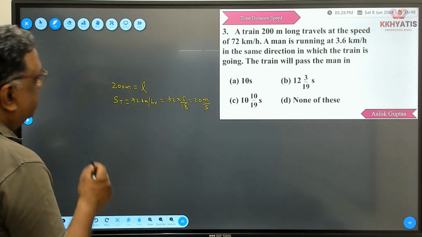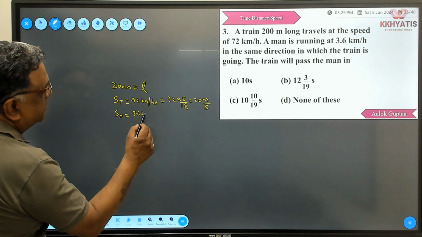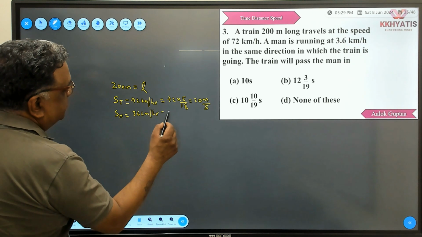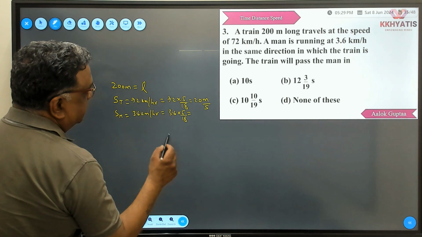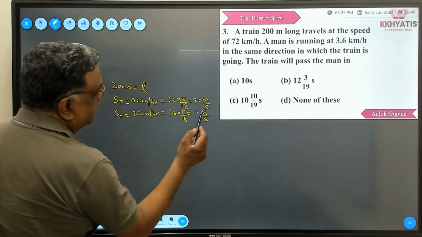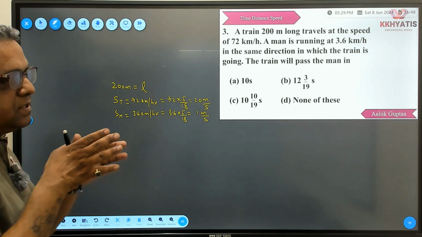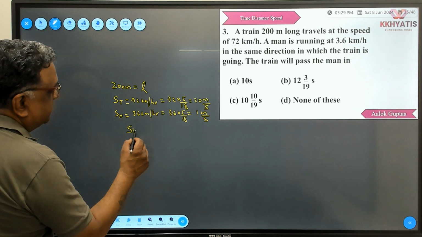The speed of the man is 3.6 kilometers per hour, which means 3.6 into 5 by 18. So 36 by 10, 2 by 10, 1 meter per second. Now, since they are moving in the same direction, the effective speed is going to be ST minus SM.